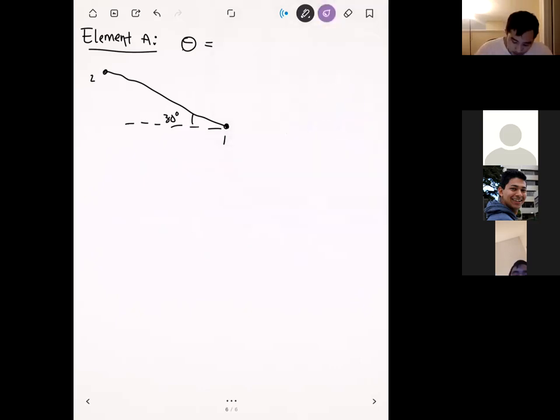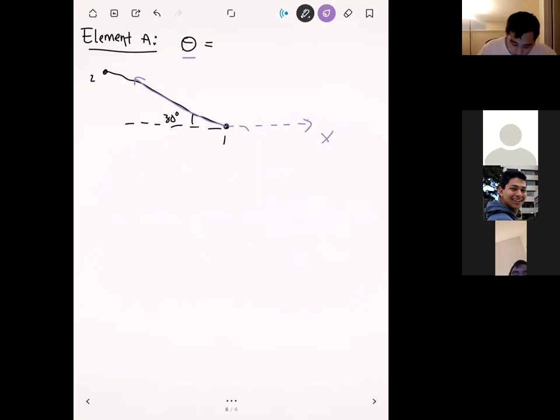Since we have node 1 on the bottom right here, we're going to draw an arrow going from node 1 up to node 2. The angle that we actually write down is the angle that the arrow makes with respect to the positive x-axis. If we draw our positive x-axis like this, it's always going to go to the right.